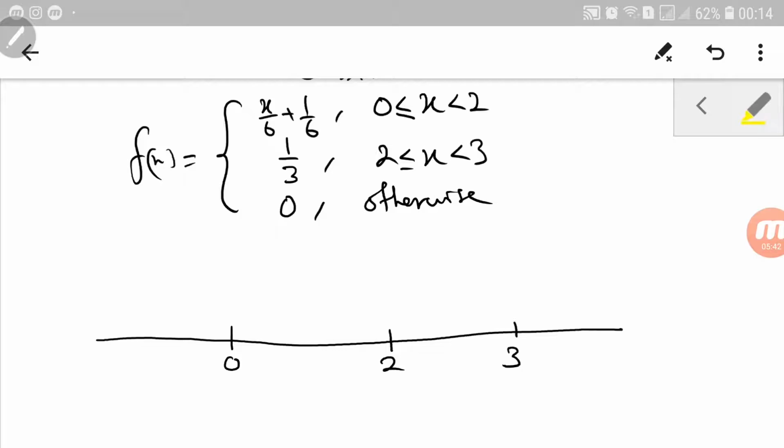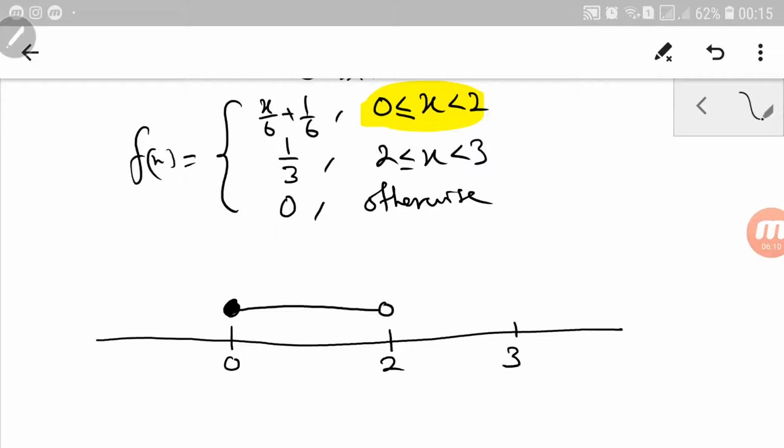So we represent this interval on the number line. The circle on top of 0 must be a filled circle, and the circle on top of 2 must be an empty circle. And then we join the circles.